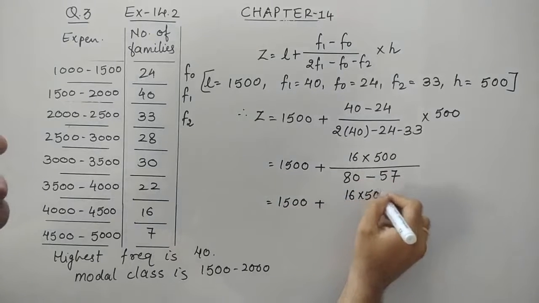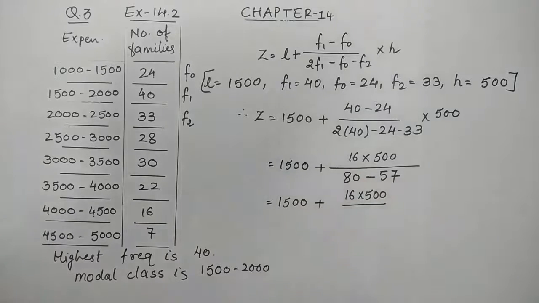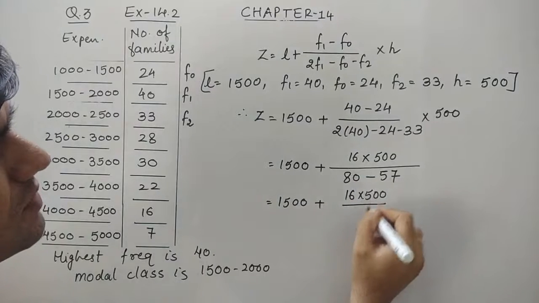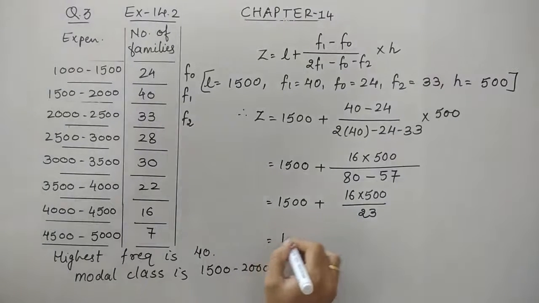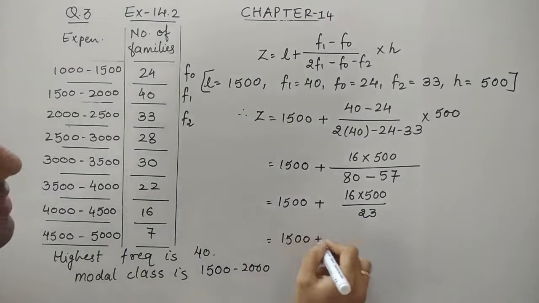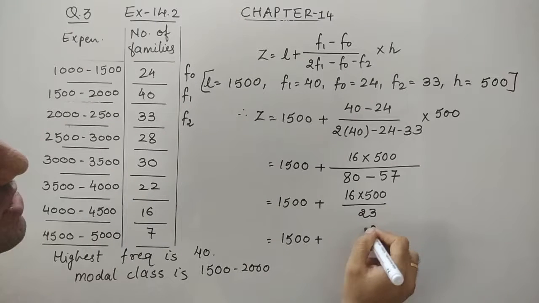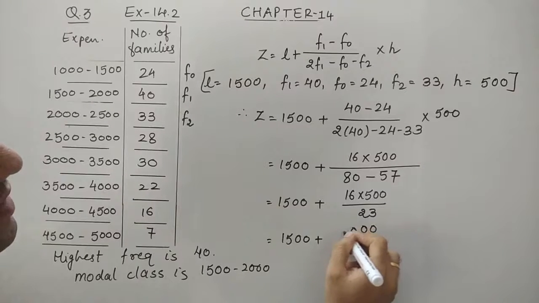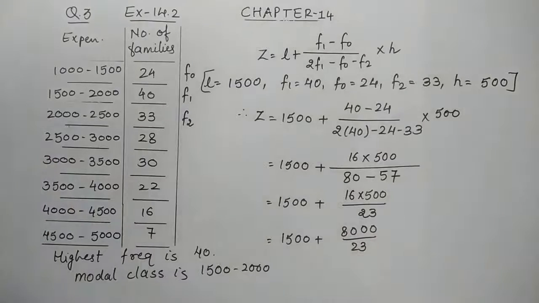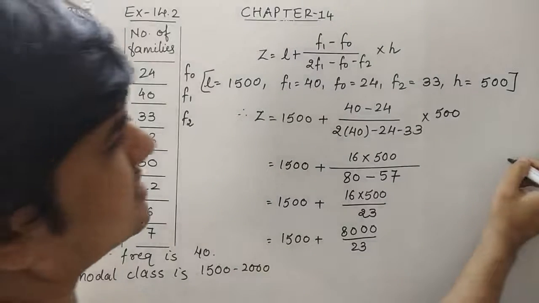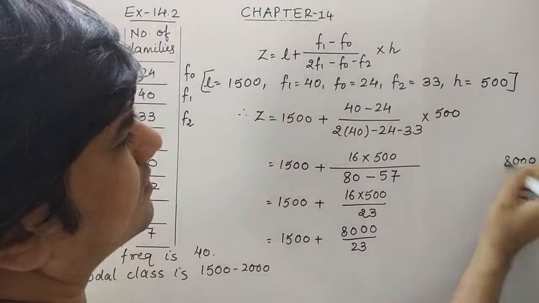Let us do the subtraction. It's 23. Now we can see that it won't be divisible, so we'll do the product. It's 8000 divided by 23. Now let us divide 8000 by 23 and get the answer in decimal.